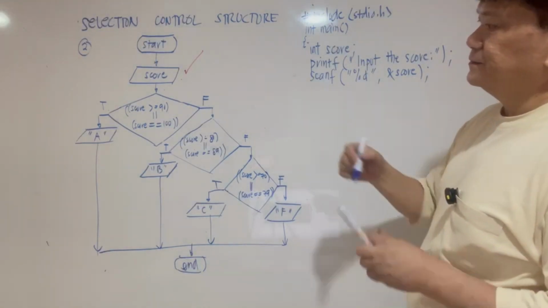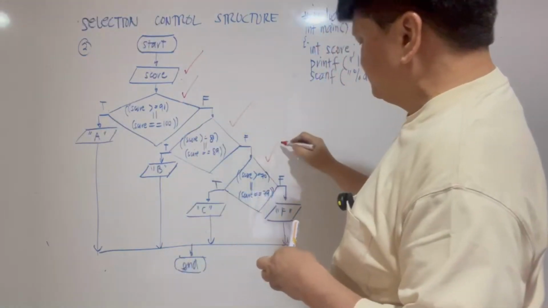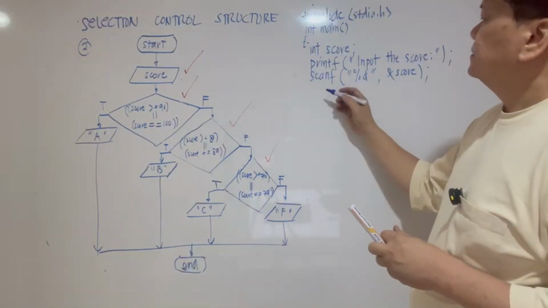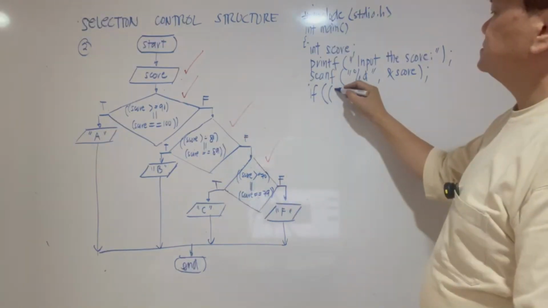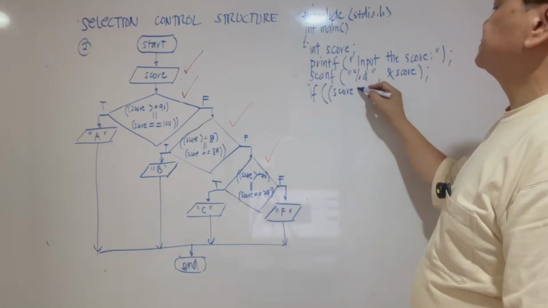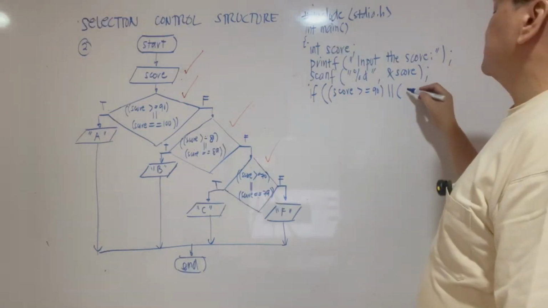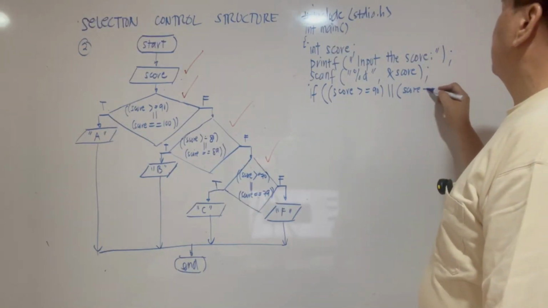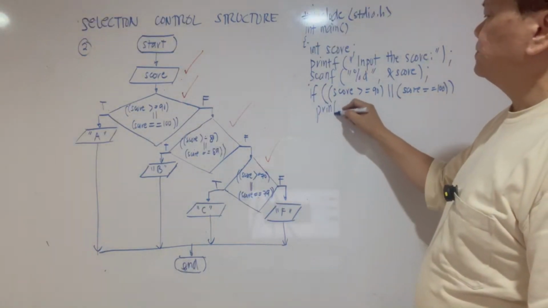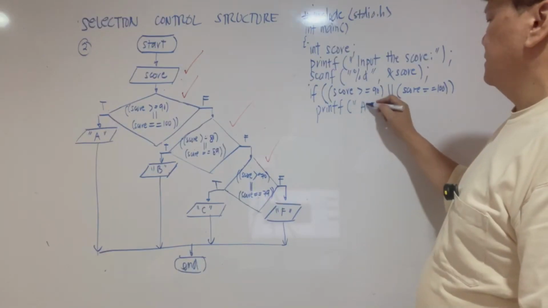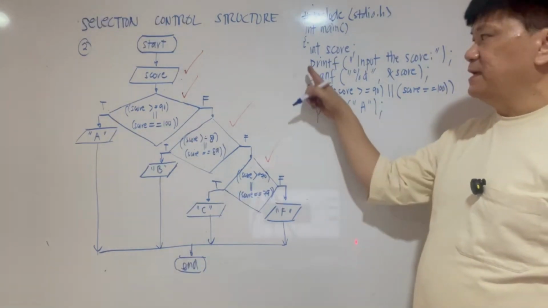And then, since we're done with the input, let us now proceed with the testing. If the condition, let us write that, score greater than or equal to 90, or your score is equal to 100. So within this range, that will give you an output, printf of A. Again, if you only have one statement, no need for you to enclose that with a begin and end.